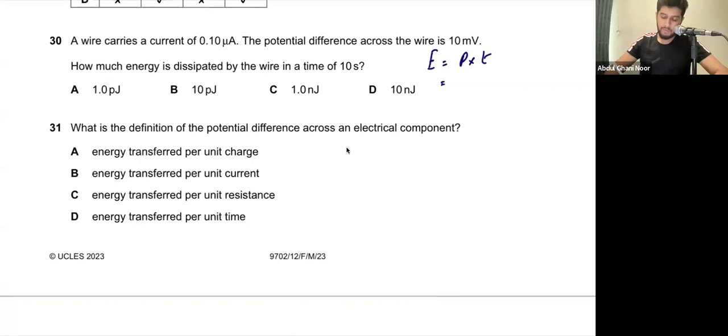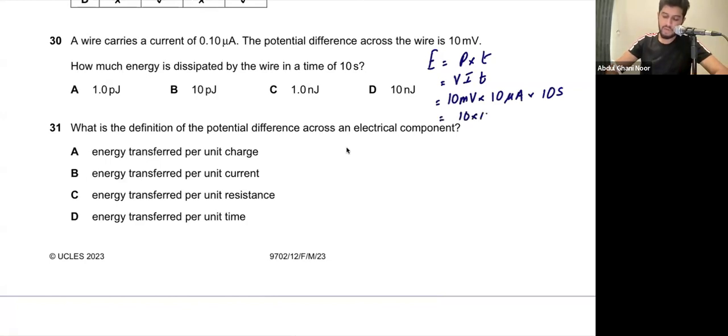Power is VIT. V is 10 millivolts. Current is 10 microamperes and time is 10 seconds.